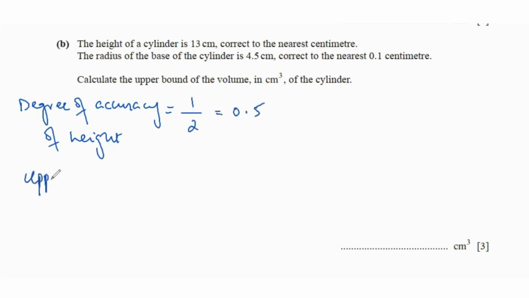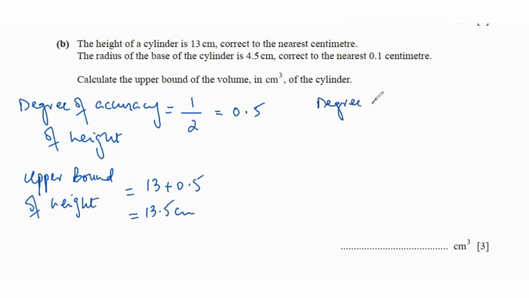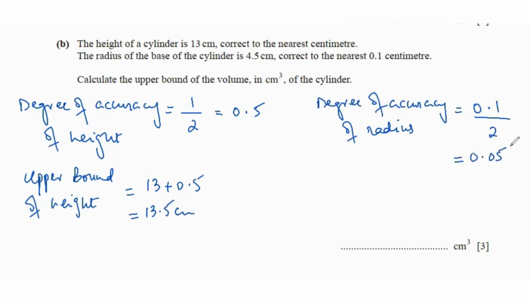So upper bound of height is going to be 13 plus 0.5, which is 13.5 centimeter. Then degree of accuracy of the radius is going to be 0.1 divided by 2, which is 0.05.